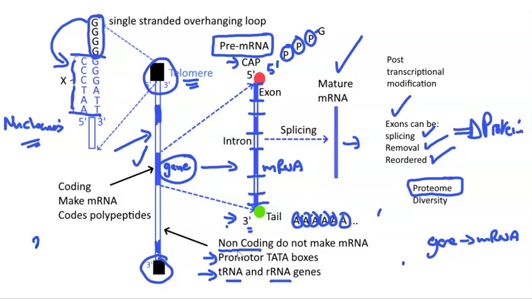Humans have been noted to have between 20 to 22,000 genes, but we have many, many more proteins, known as our proteome. This is our genome, but here we have our proteome. And this leads to a greater diversity of proteins that can operate within the cell than would be predicted from the number of genes that we have.